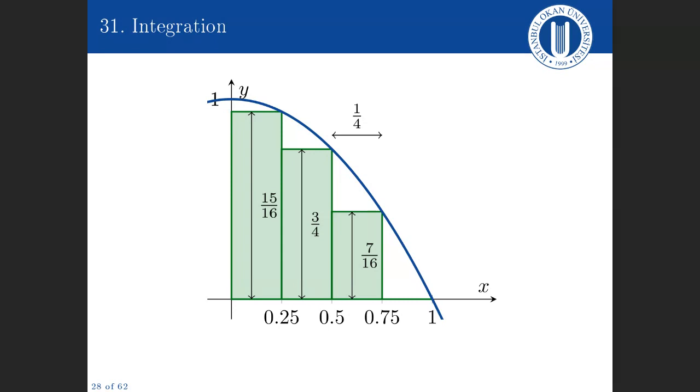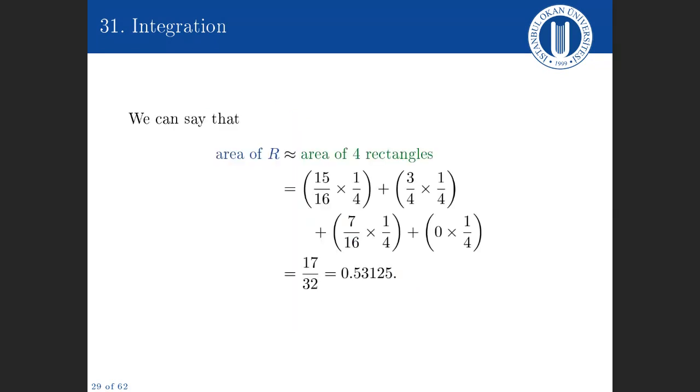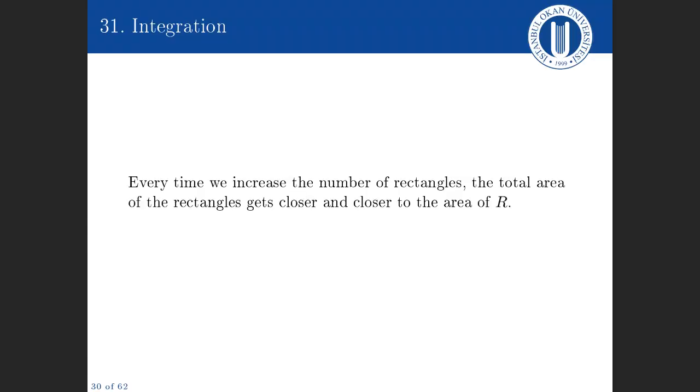We could use 4 rectangles. And then we could say the area of R is approximately equal to the area of 4 rectangles. I'll leave it for you to check that if we do that, we find that the area of R is approximately 0.53125. Can we do better again?